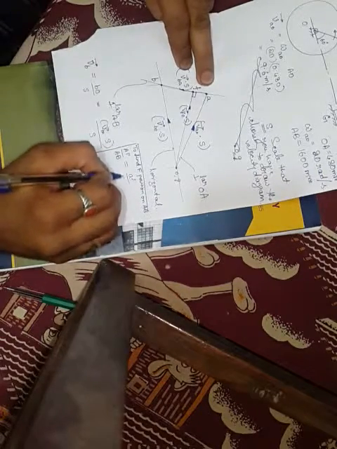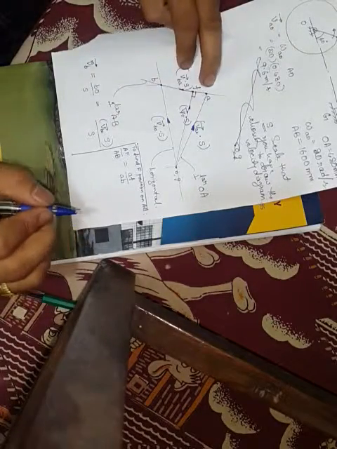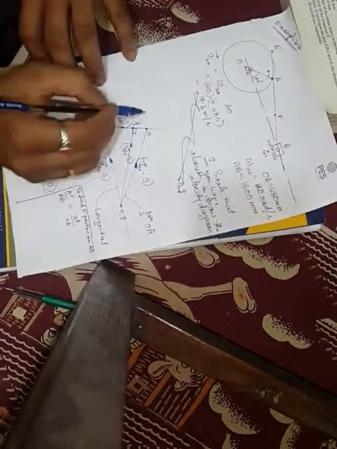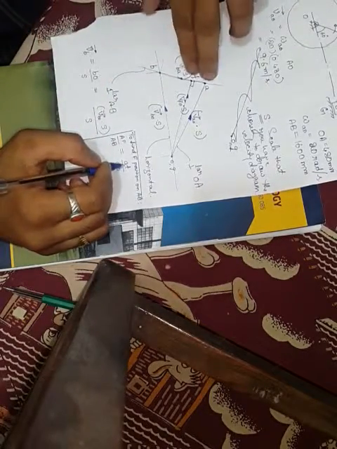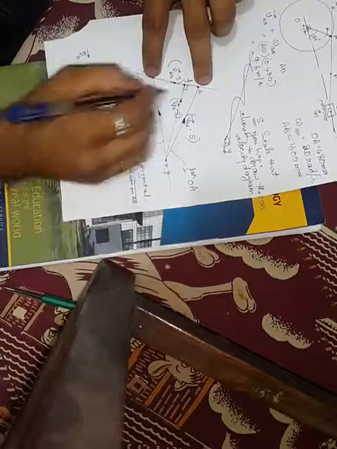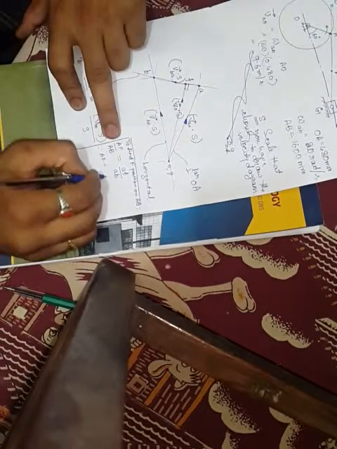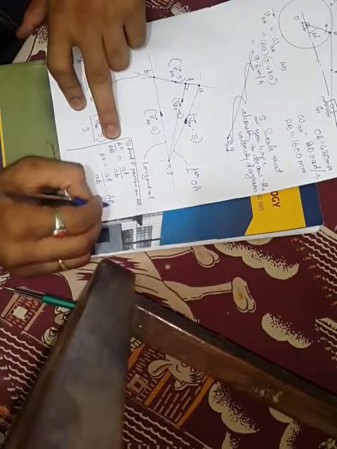In which case AF can be easily known. What you have to do is measure this distance and measure this distance. That is AF, AB is this distance, therefore AF is AF by AB into AB.